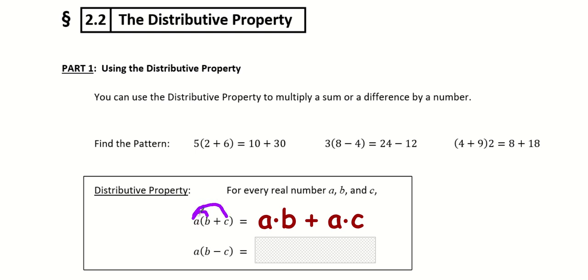So it's like A times B, and then the plus, and then A times C. The A is getting multiplied to both of those things. Just like down here, the B and the C that are being subtracted, this A is being multiplied to that quantity.